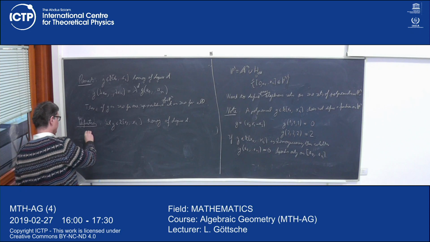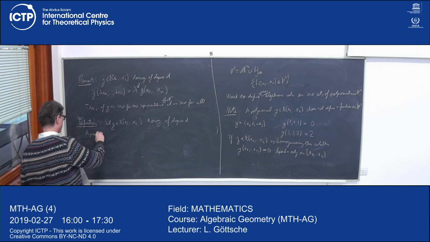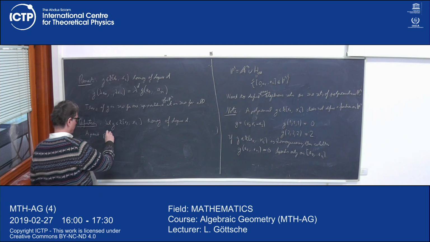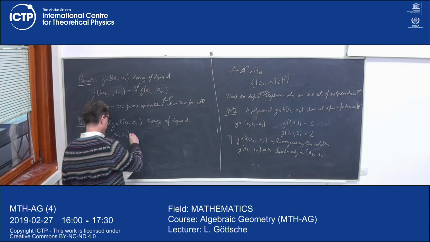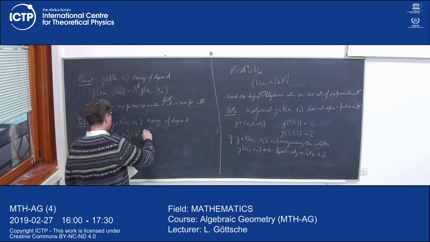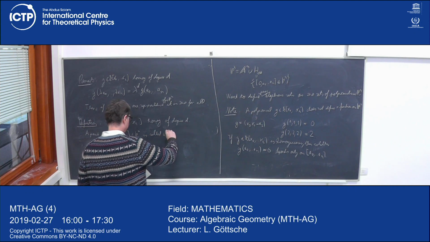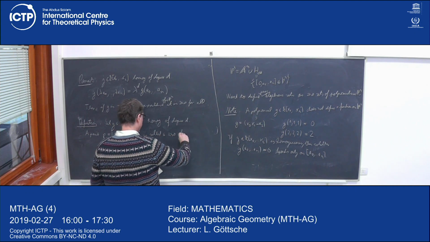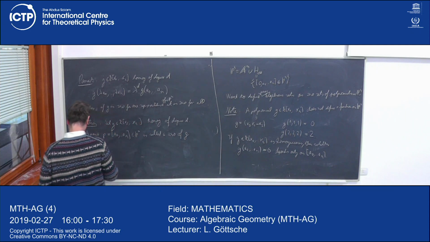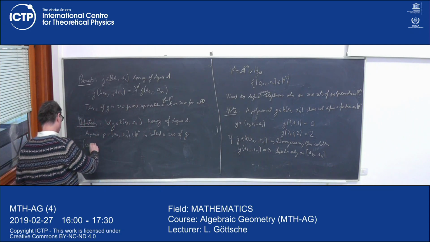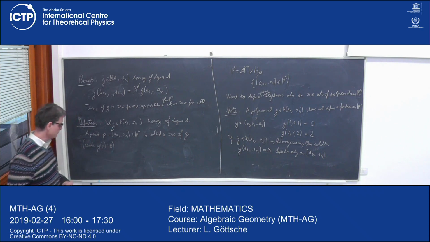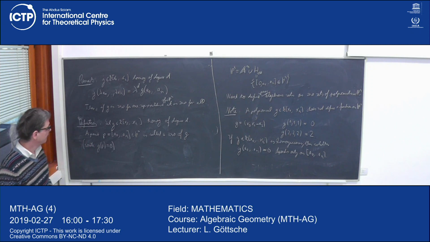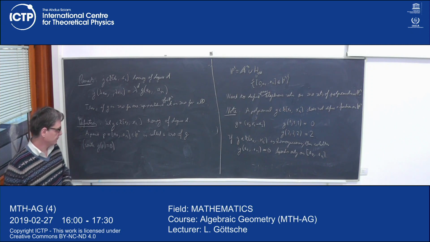A point P with coordinates (a0, ..., an) is called a zero of G, and we just write G(P) = 0, if G(a0, ..., an) is equal to 0.